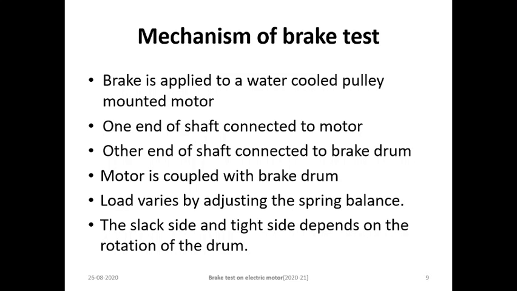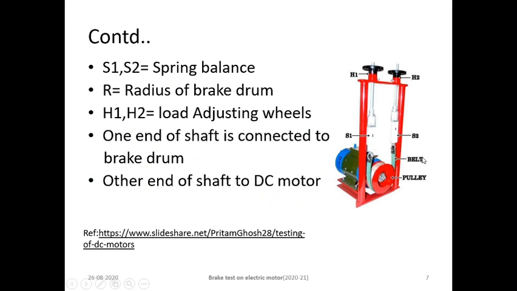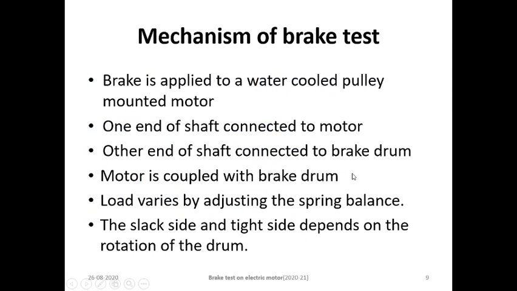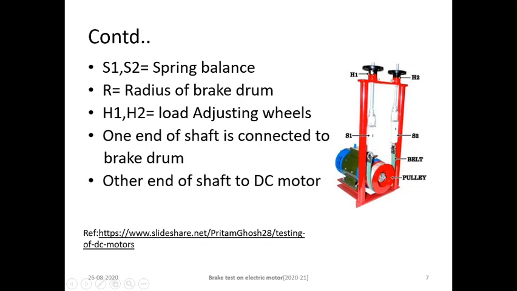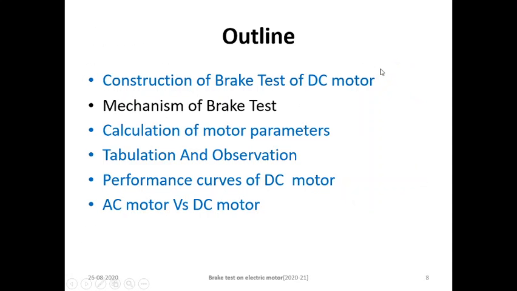And if you could see in the picture, there will be a shaft rotating inside the motor, and one end of the shaft will be connected to the brake drum, and the other end of the shaft will be connected to the motor. As I said before, motor is coupled with the brake drum. And we can adjust the load by using these adjusting wheels.